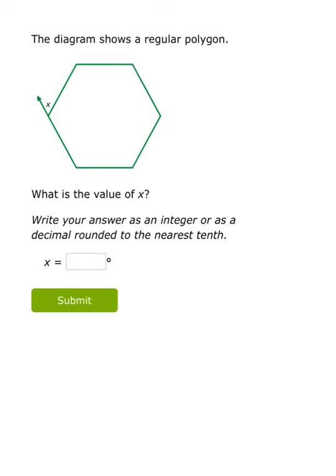So this time I'm finding the value of x again. I just want to know what the measure of one of these exterior angles is. So I'm going to use my formula, 360 divided by n. Well, let's figure out how many sides this polygon has. 1, 2, 3, 4, 5, 6. So this is a hexagon, so my n equals 6.